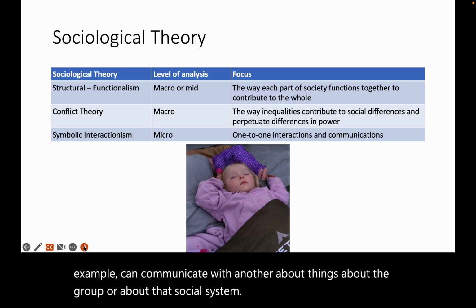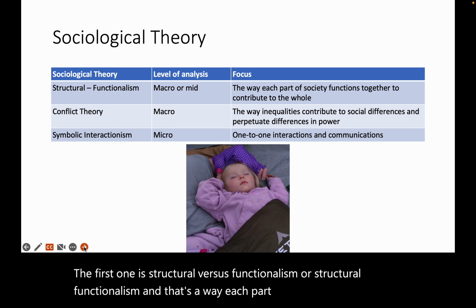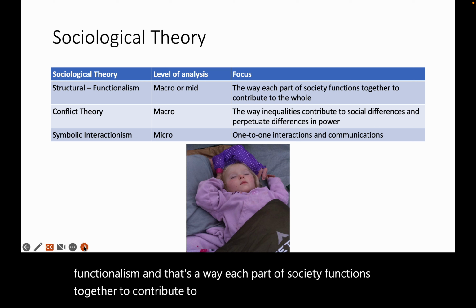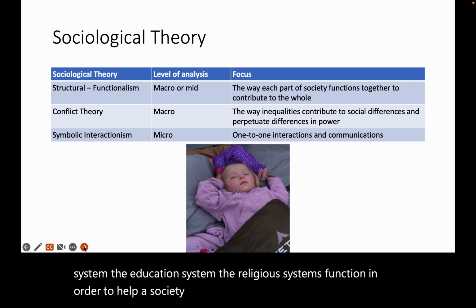The first one is structural functionalism. That's the way each part of society functions together to contribute to the whole. So this is how the legal system, the education system, and the religious systems function in order to help a society move forward.